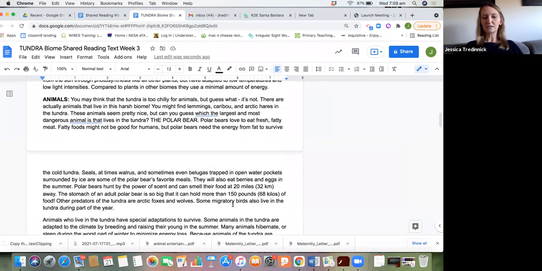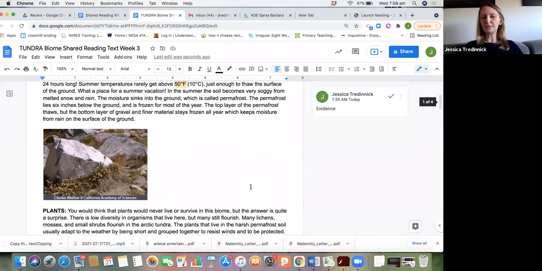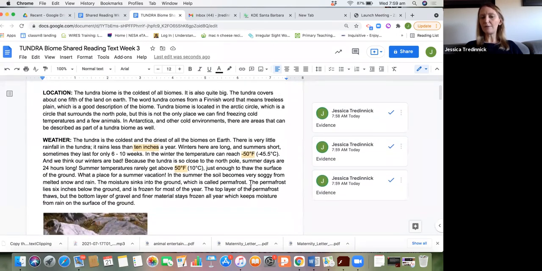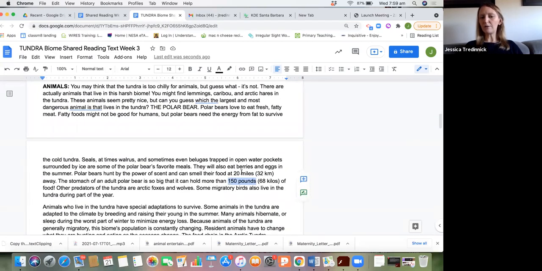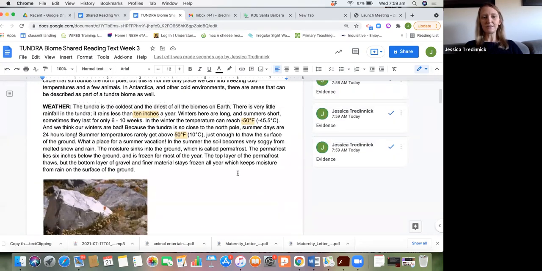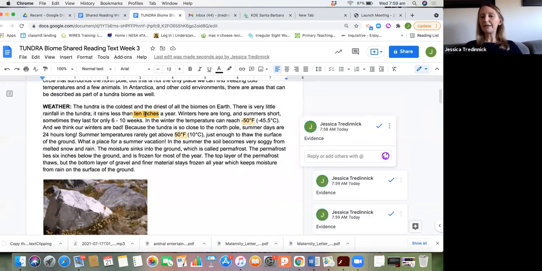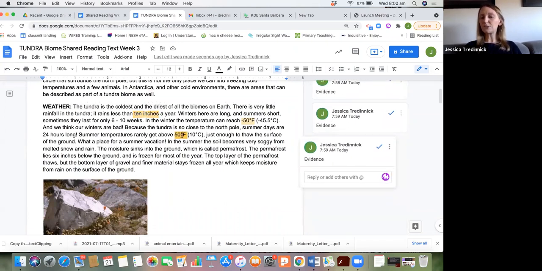Or yes, 150 pounds, 20 miles. There's quite a few measurements in a different type. And now I know from my own background knowledge as well that miles, pounds, and inches are American, and Fahrenheit are American measurements.